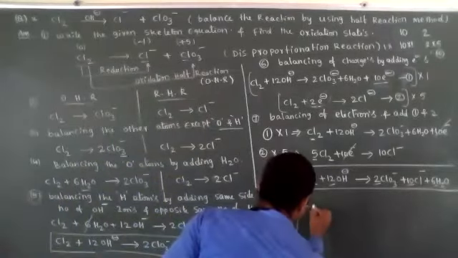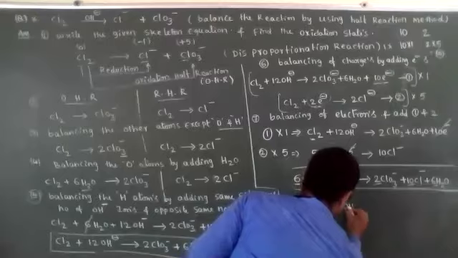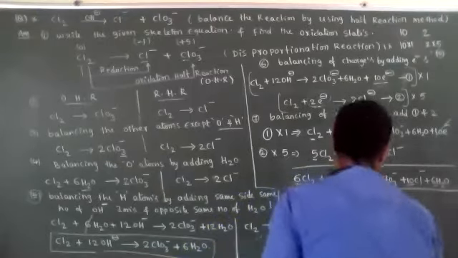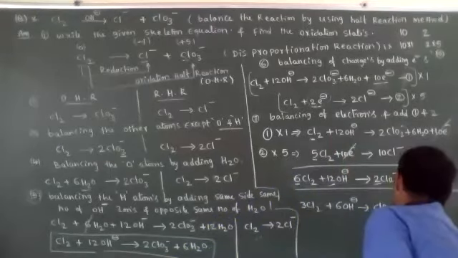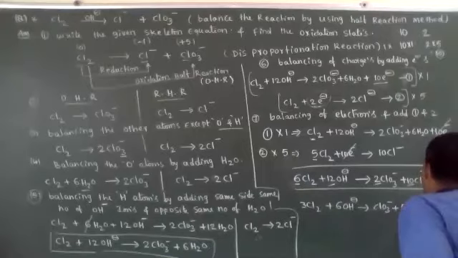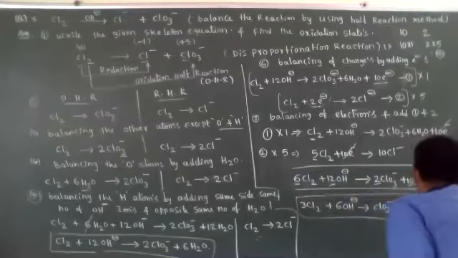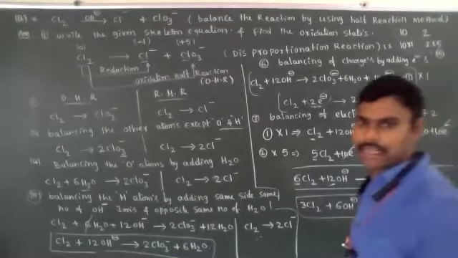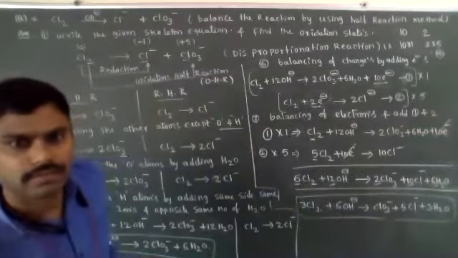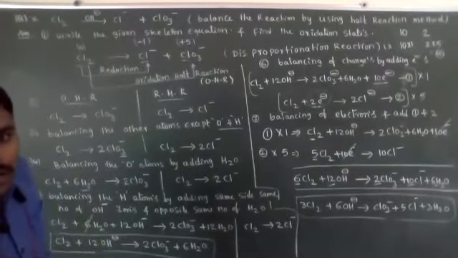The simplest ratio is 3Cl2 plus 6OH minus gives ClO3 minus plus 5Cl minus plus 3H2O. Now, this is also the simplest ratio. Like that also we can write. Understood?